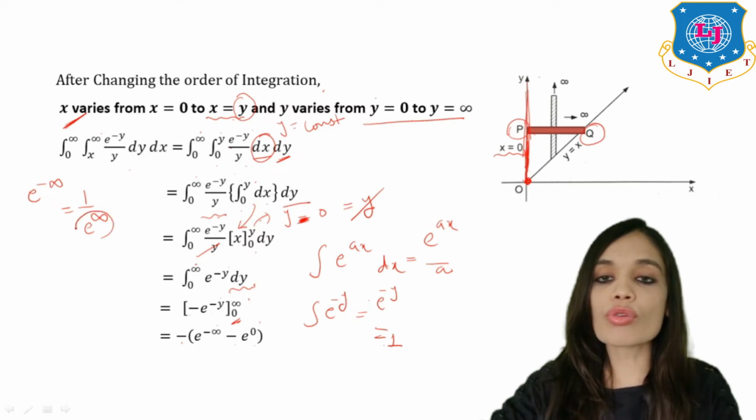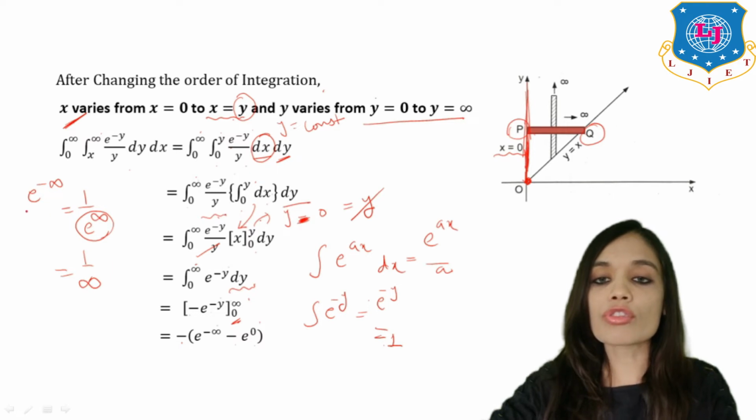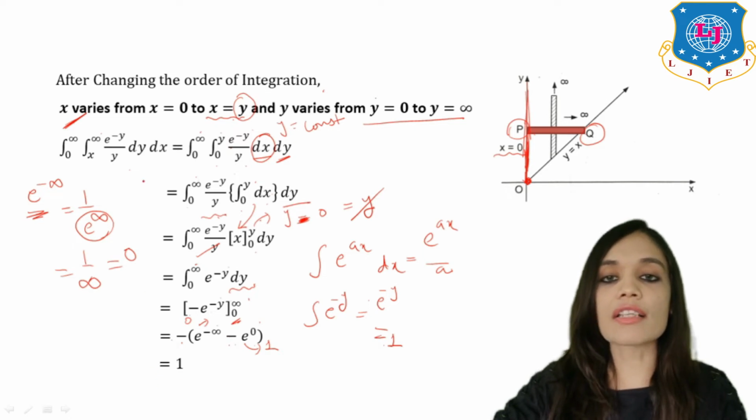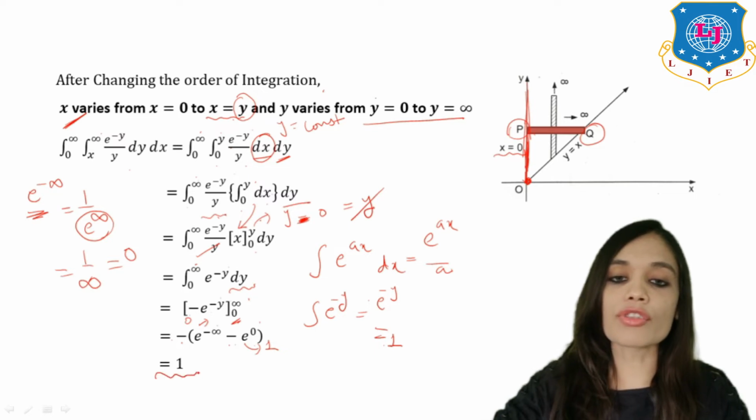But this goes to infinity, so we will get 1 upon infinity. So the final answer of e raised to minus infinity is 0. So this term will go to 0. And e raised to 0 is 1. Minus minus plus. So the final answer after changing the order of integration will be equal to what?